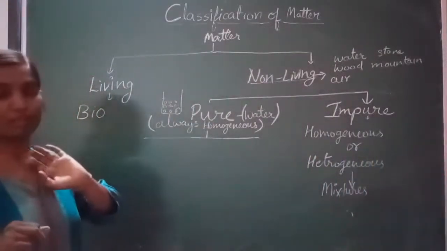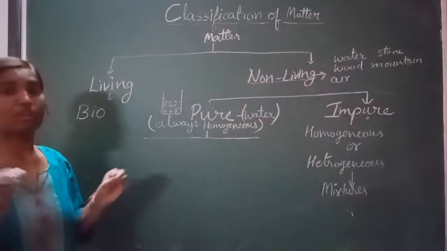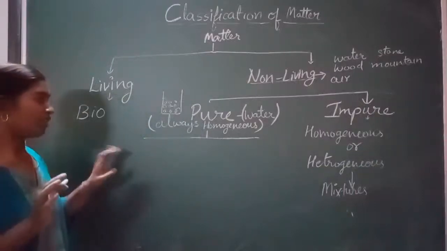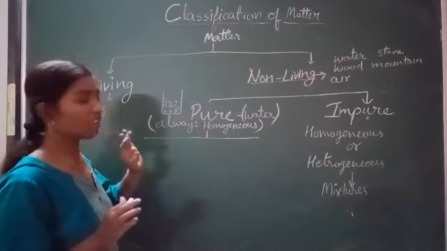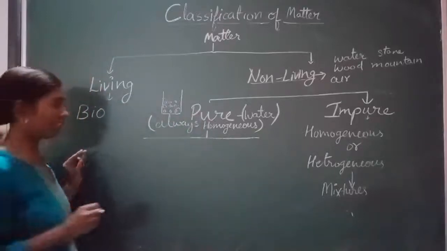Now this pure substance. We come to know that water is a kind of pure substance because it consists of all the same kind of molecules. So pure substances are also divided into two categories.